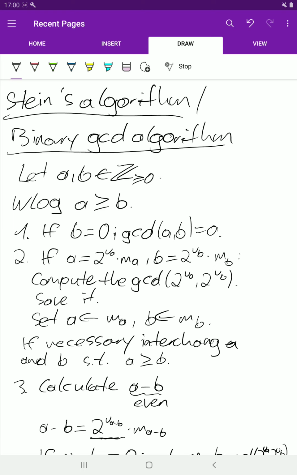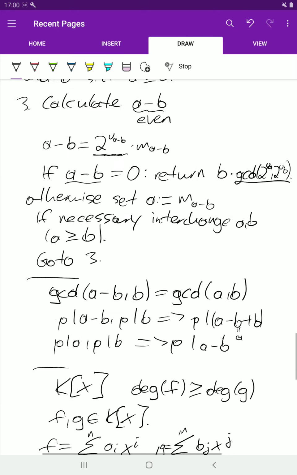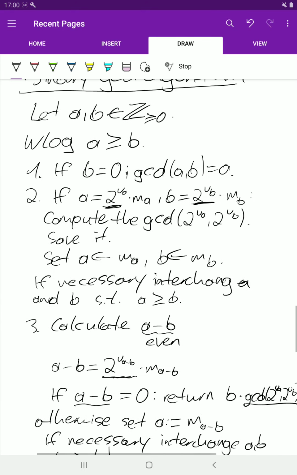So here we looked at powers of 2. One could wonder, do I need a 2 here? And you don't need a 2 here, so you can take, let's say, any prime p. Maybe you can even do it more generally, but for primes it certainly works.